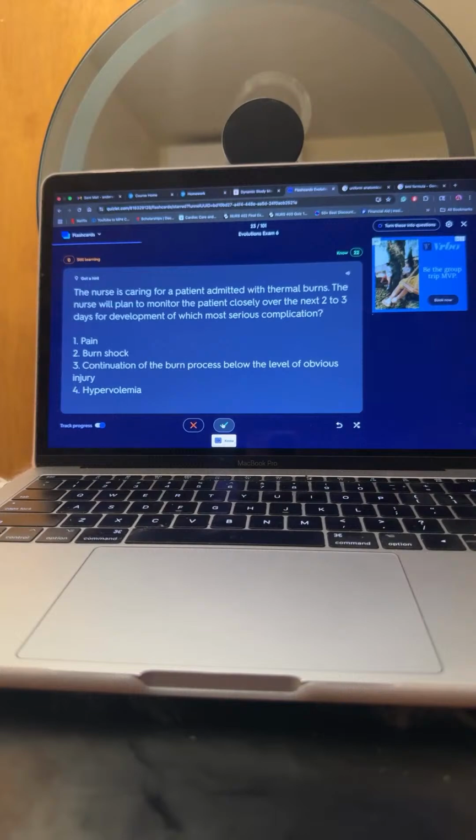The nurse is caring for a patient admitted with thermal burns. The nurse will plan to monitor the patient closely over the next 2 to 3 days for the development of which most serious complication? Okay.